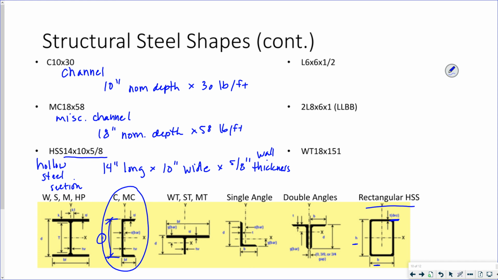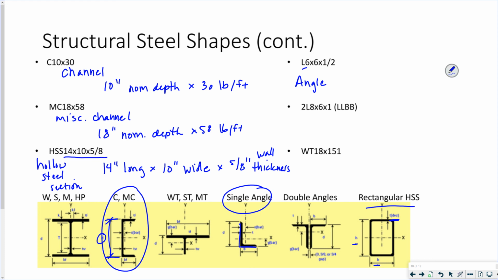If we look at the L, that means a single angle, because it looks like an L. It has two sides called legs.